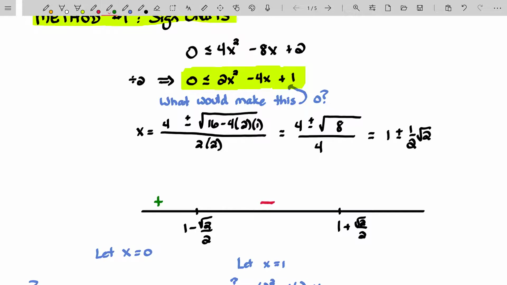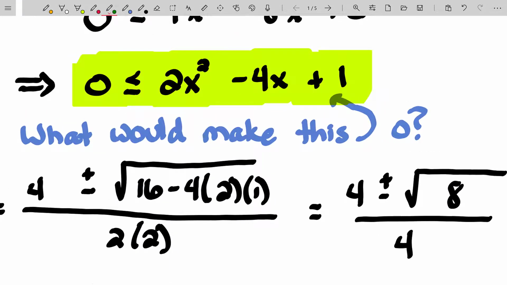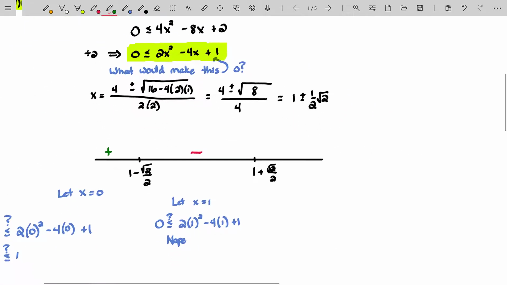In fact, we just took an arbitrary x value, but the reality is that that quadratic expression right here would be positive for any x value less than 1 minus root 2 over 2. Let's go ahead and try the rightmost region. And just to let you know, the number 2 is actually in that region. It's a very easy number to try.